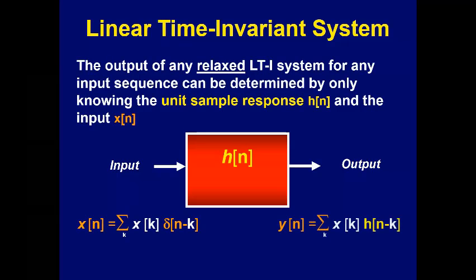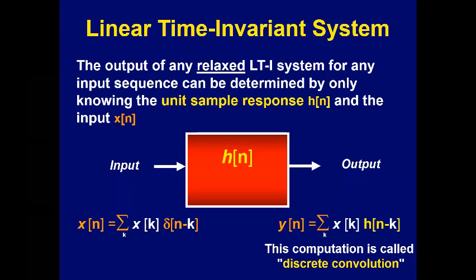And again, the reason we want to do this is that we developed this idea of how we could use linearity to come up with a general form for the output of the system for any given input, assuming that I could describe my input as a sum of weighted and shifted unit sample sequences.